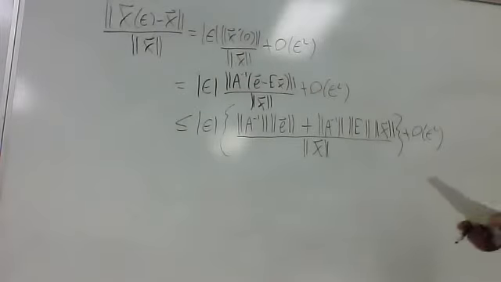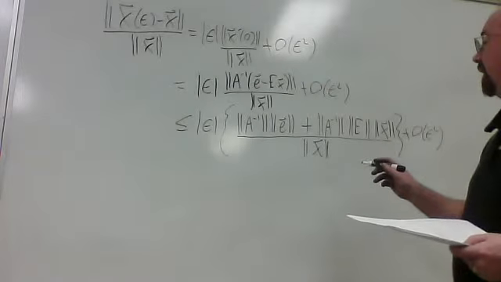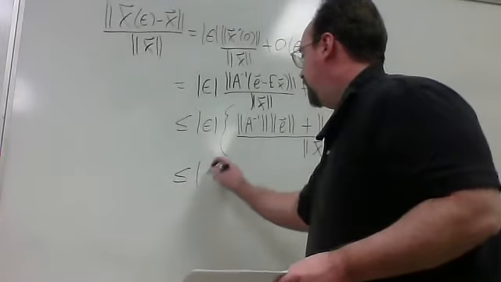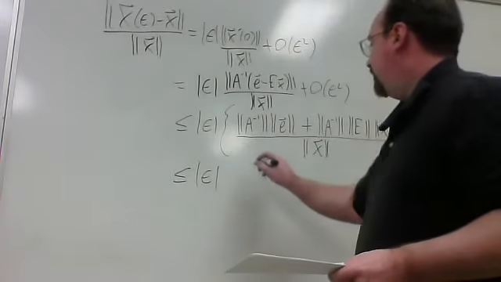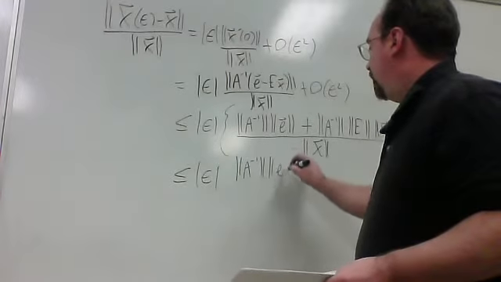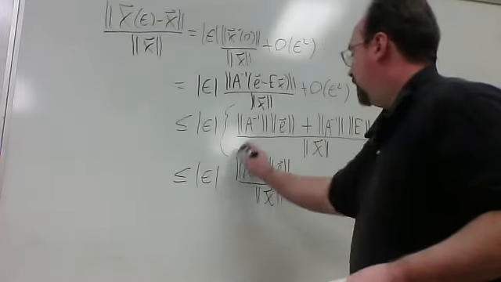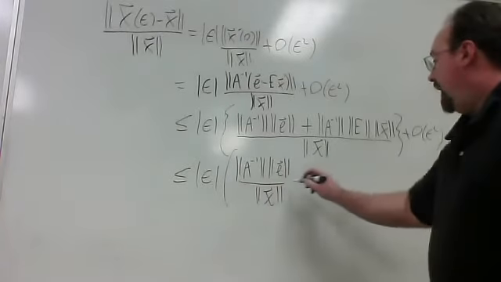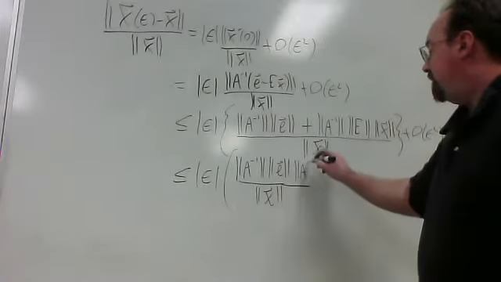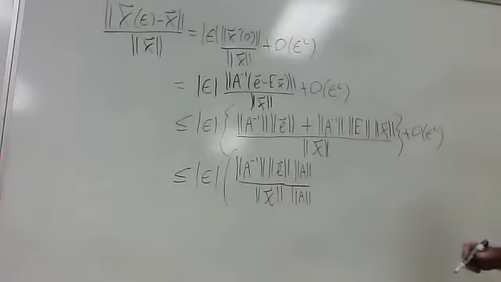Now, so what I'm going to do is I'll break these two up. So I have norm of A inverse, norm of E over norm of x. And in this first fraction, I'm going to multiply and divide by the norm of A. You'll see why momentarily.